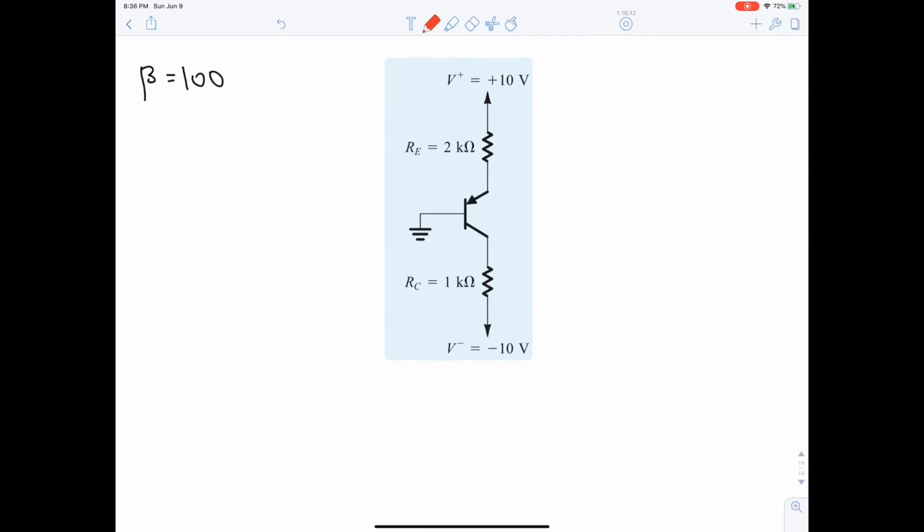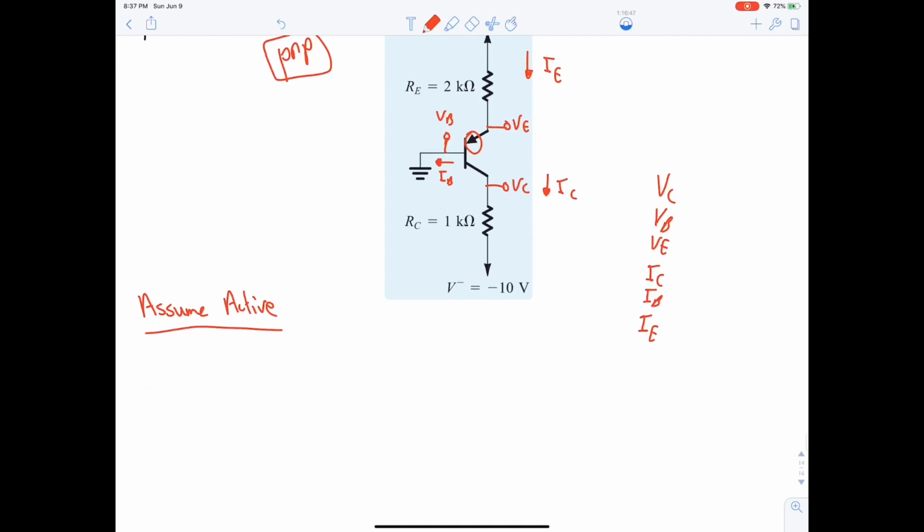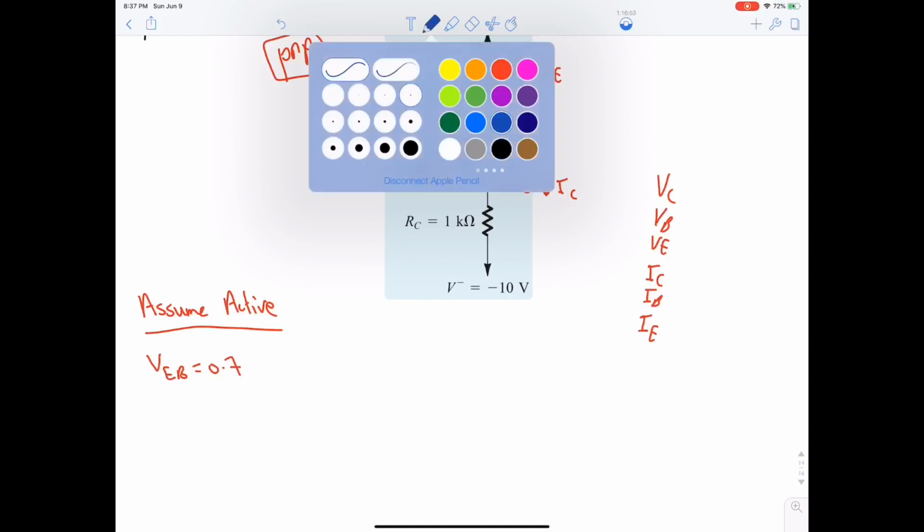Moving on. Now, how do we start? We start by the type, PNP. Then we label, next we will put the list. Okay, then we will assume active and say that VEB is 0.7 because of the arrow.